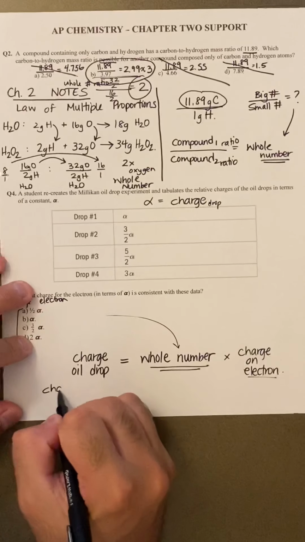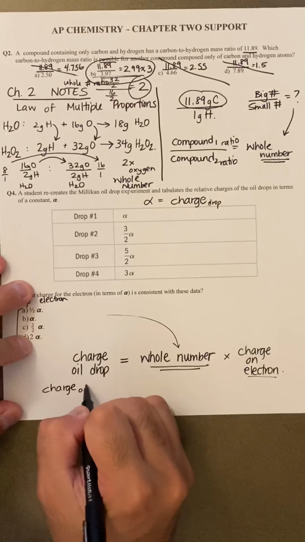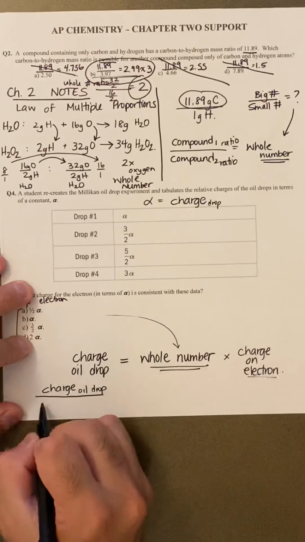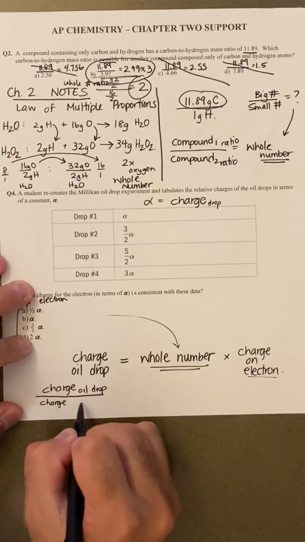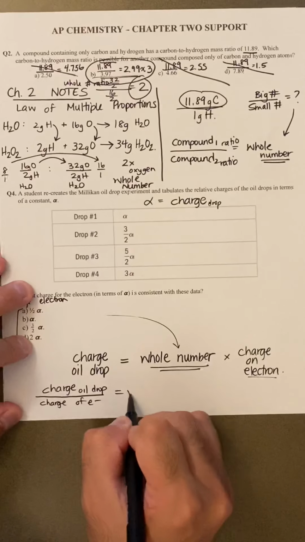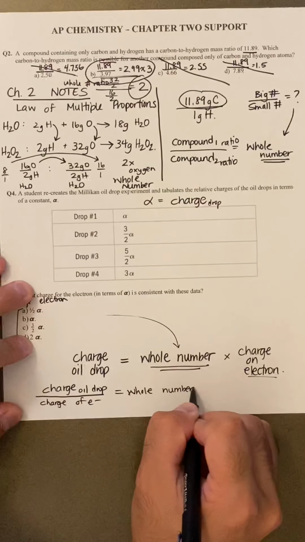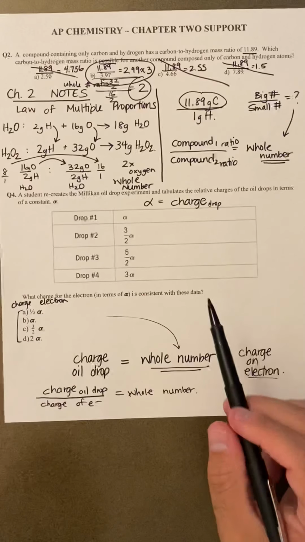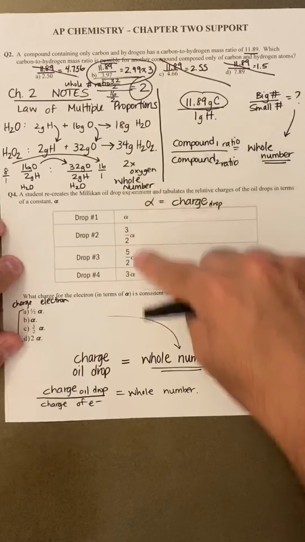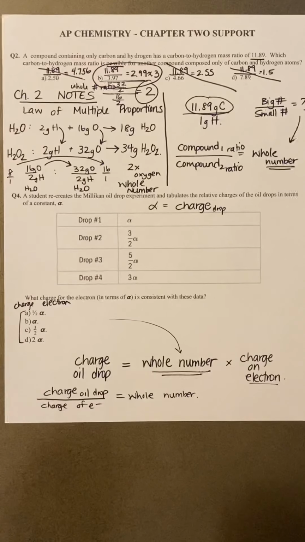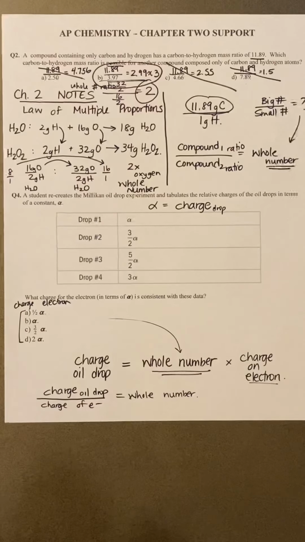Which of these, when I take the charge of the oil drop and divide it by the charge of an electron, will give me a whole number? We need that when I divide this number by any of these numbers, I get a whole number. So let's try that, okay?